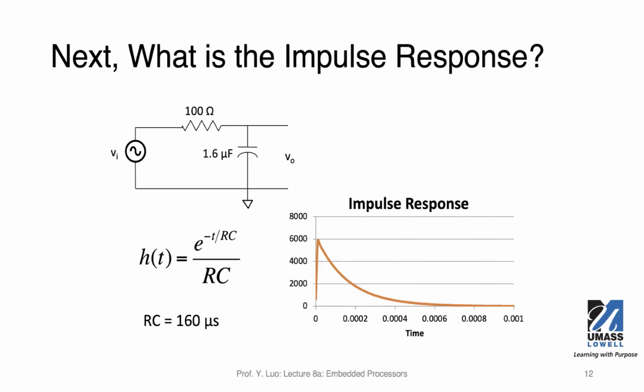Another characteristic of this low-pass filter is the impulse response. Impulse response is a function that reflects the transfer characteristic of the circuit, in the sense that it estimates the distortions of this circuit for the signals passing through it. And this distortion is also related to time.